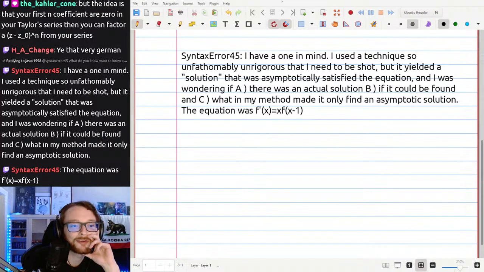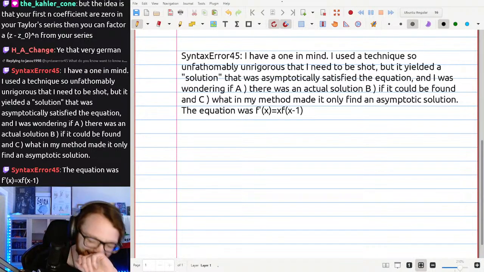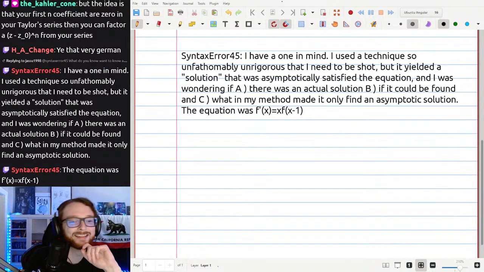I used techniques so unfathomably unrigorous, I need to be shot. It yielded a solution that asymptotically satisfied the equation. Okay. How would you solve this?